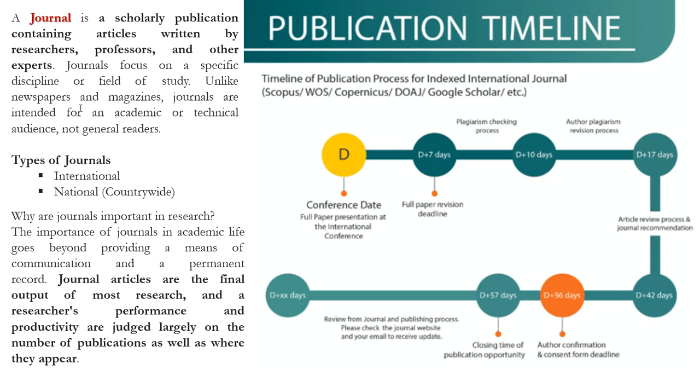They give an ISSN number through the publication, like IEEE ComSoc, IEEE AI intelligent systems. Many things come under magazines. They are also assigned an ISSN number, and journals also have an ISSN number. This is intended for an academic or technical audience, not for general readers.